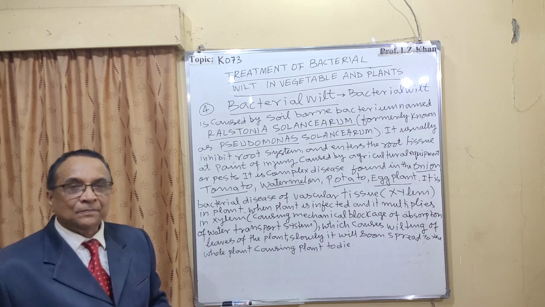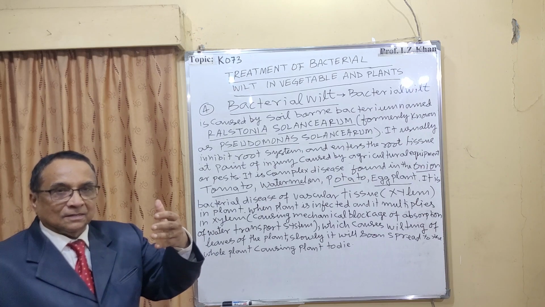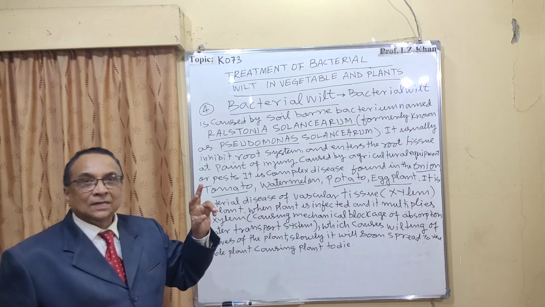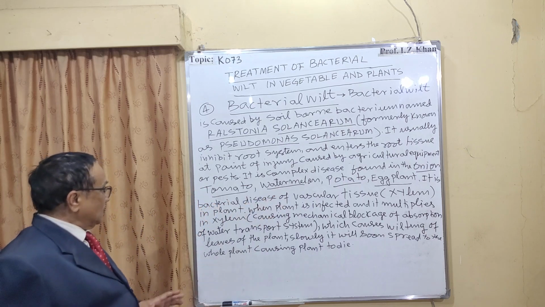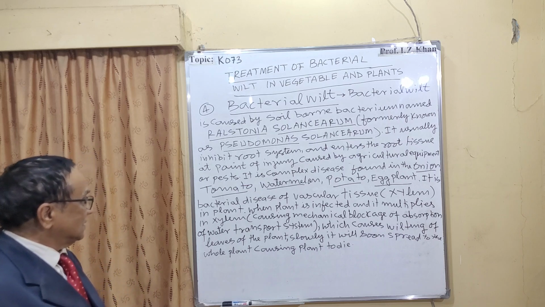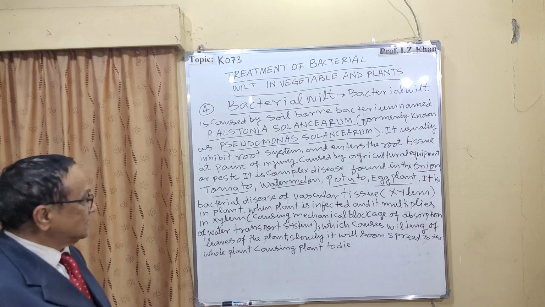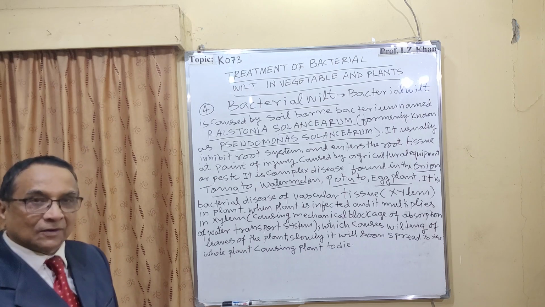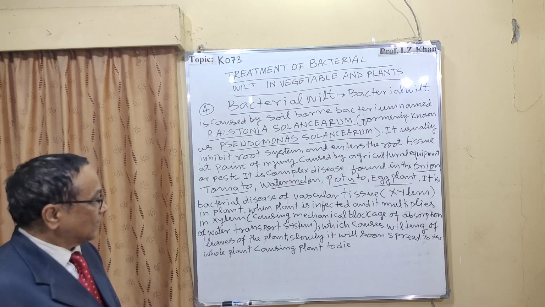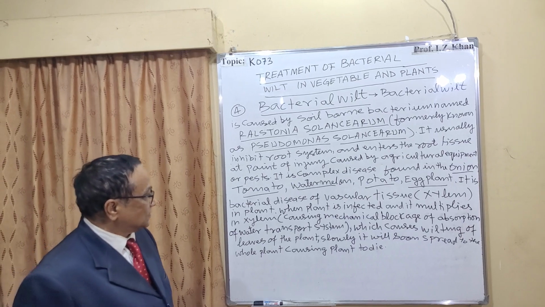and it is a bacterial disease of vascular tissue. Vascular tissue means xylem, and xylem cells are responsible for transporting water from root to leaves, and that xylem is damaged in the plant when the plant is infected, and it multiplies in xylem, and then xylem will be damaged, causing mechanical blockage of the water transport system, which causes wilting of the leaves of the plant.